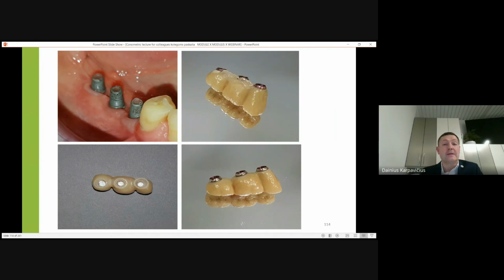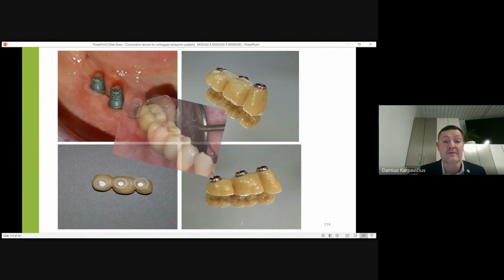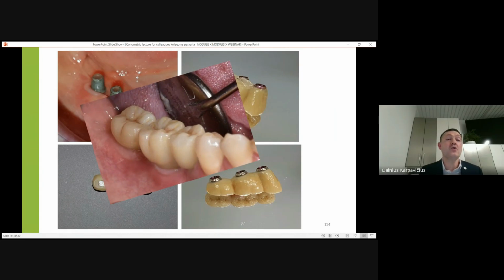Then we cemented the bridge to the conometric crowns, refixed it from the mouth, cleaned everything, and then passive and very precise fitting coming back to the mouth. We seat it without any screw. And it keeps very firmly, very well for very long years lasting. And you have emergence profile. You have nice soft tissues around even monolithic implants.